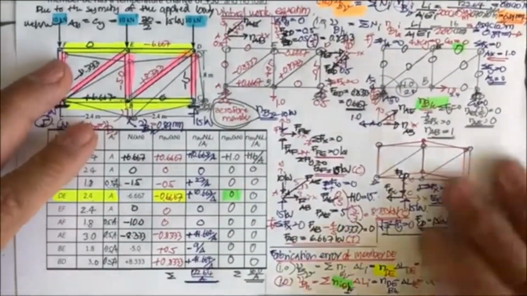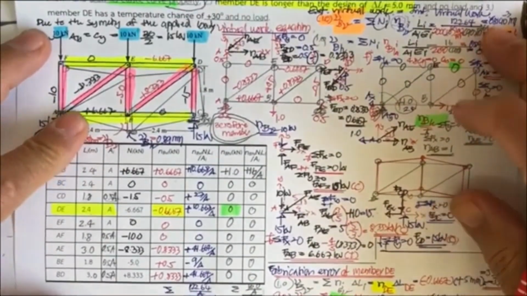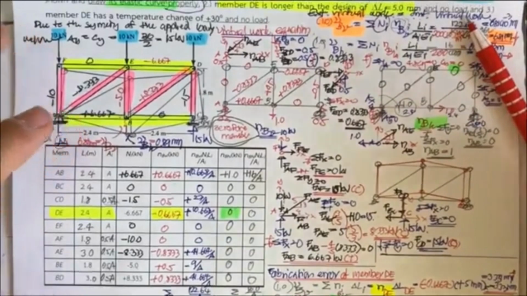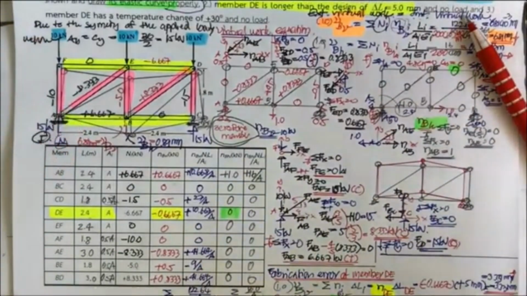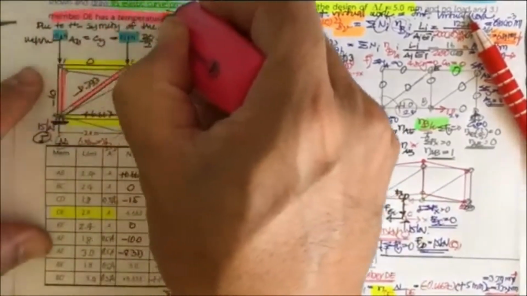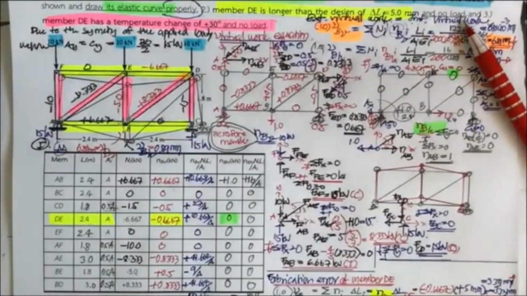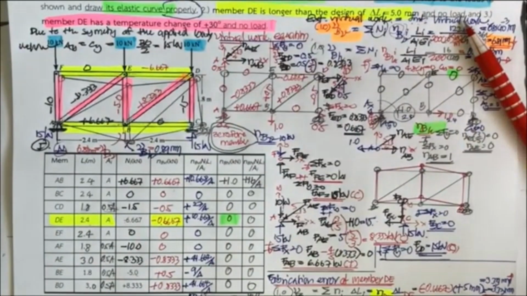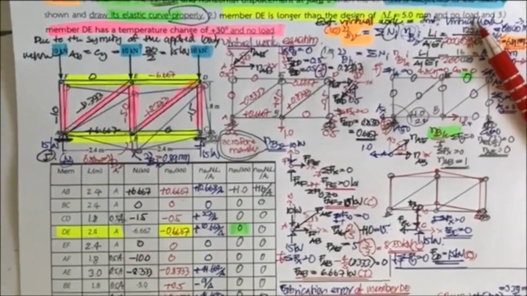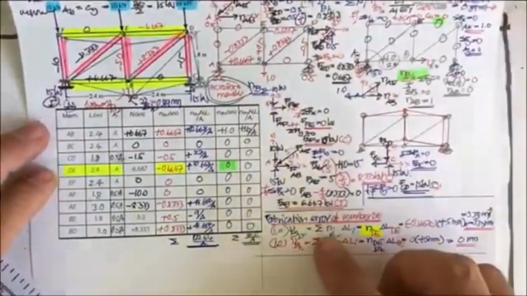And the last one, they ask us for the temperature change. They say member DE has a temperature change of plus 30 degrees Celsius. Let me just zoom to have some area that I can show you.